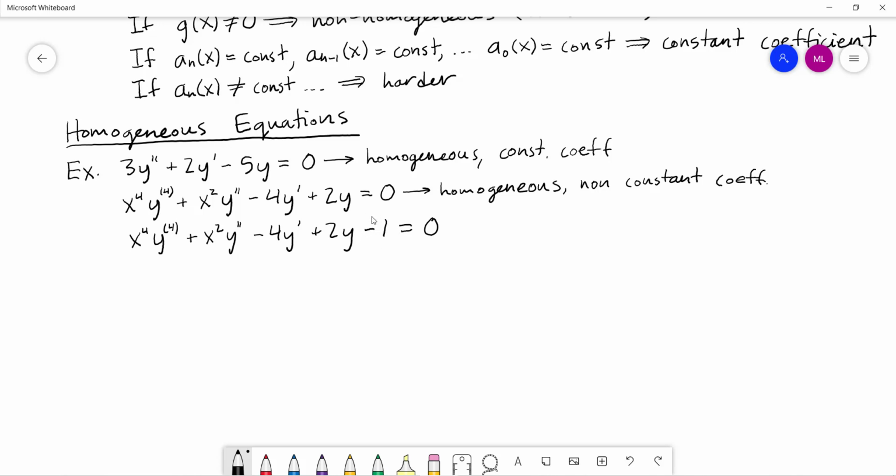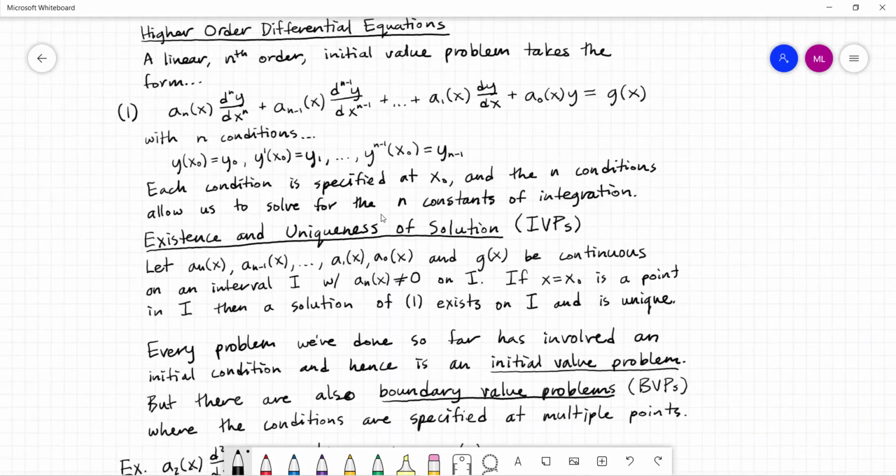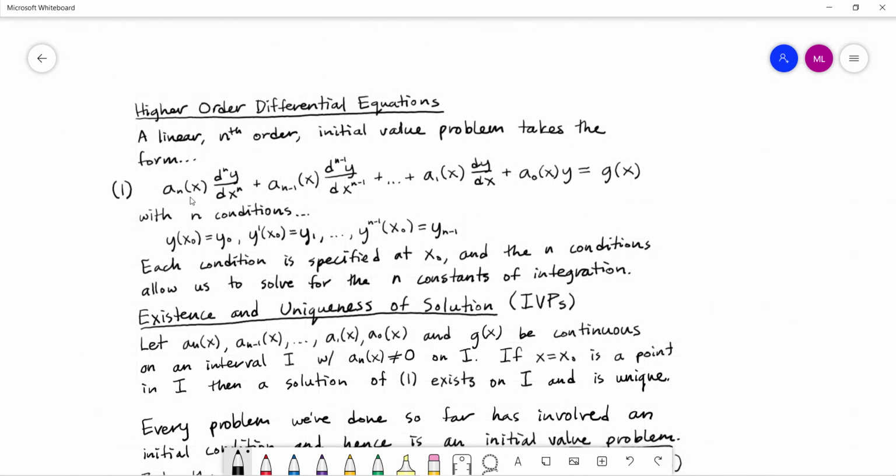By including this minus 1 on the left-hand side, if we go back to the original equation that we're supposed to be comparing this to, because again, we're really only solving equations of this form, the stuff on the left-hand side of the equal sign all involves y or its derivatives. So any term that was a constant must be something that we would normally wrap into the right-hand side.